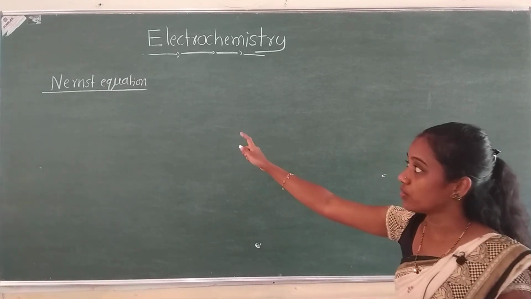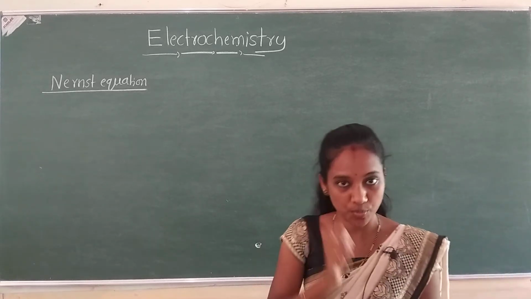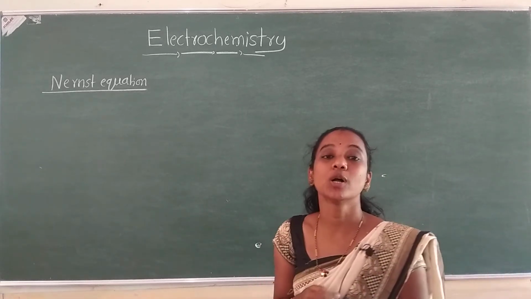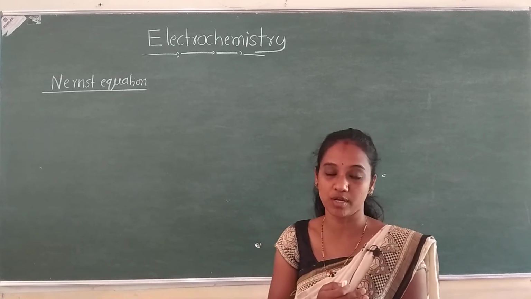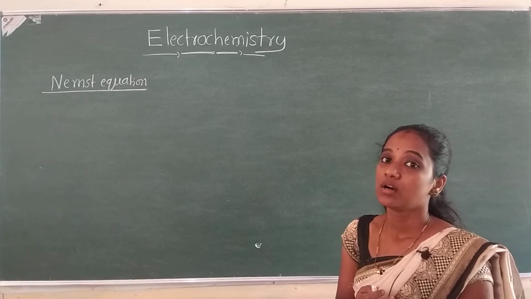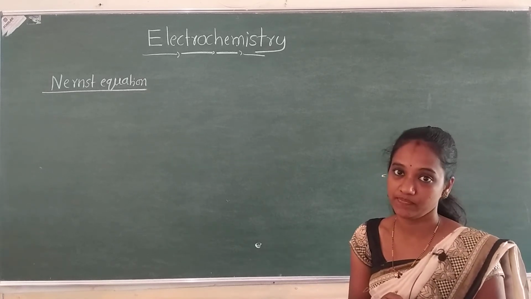The Nernst equation is mainly used to calculate the electrode potential where the concentration of the electrolyte is other than 1 molar or the temperature is other than 298 Kelvin.